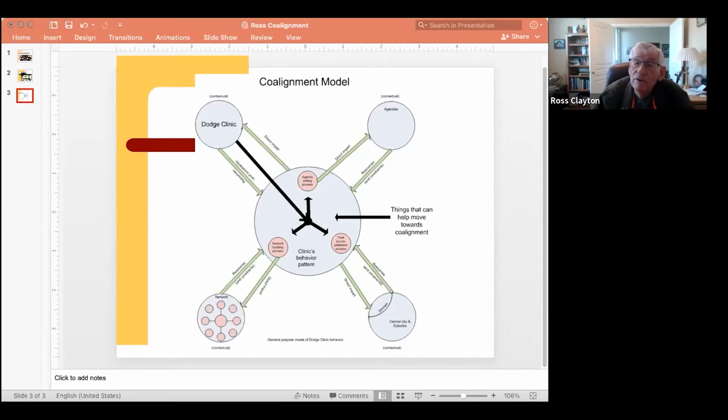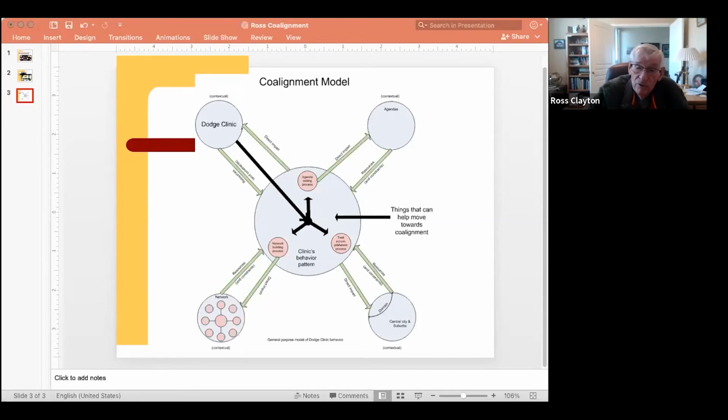And a non-alignment between the school's agenda and its network would be represented by a squiggly line. And we had an agenda or plan for where we needed to go, but we didn't have a network to help us do that. So that was a major non-alignment at the time I became dean. The other non-alignment is the school's domain was just not what it should be. We had to redefine our domain, and that meant establishing new academic programs.